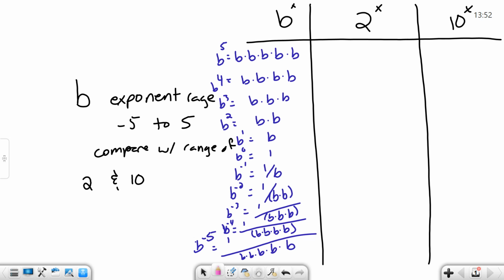What do you think is going to change when we move to base 2? Anything? The only thing that changes is what letter or symbol is in between those multiplication signs.